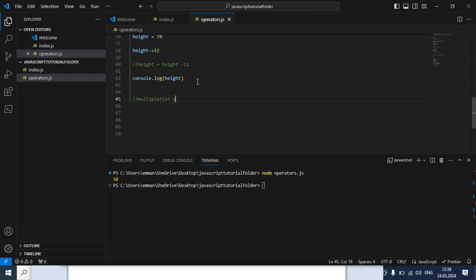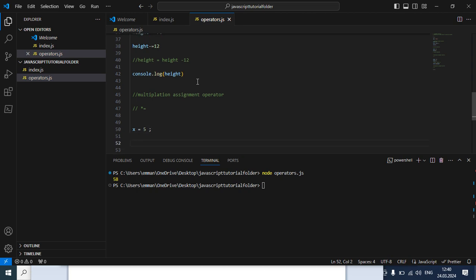So you also have the multiplication assignment operator. What that does is equivalent to something like this: multiplication and equals to. So let's look at an example. If you have x equals to 5, and you do something like this: x times equals to 3.